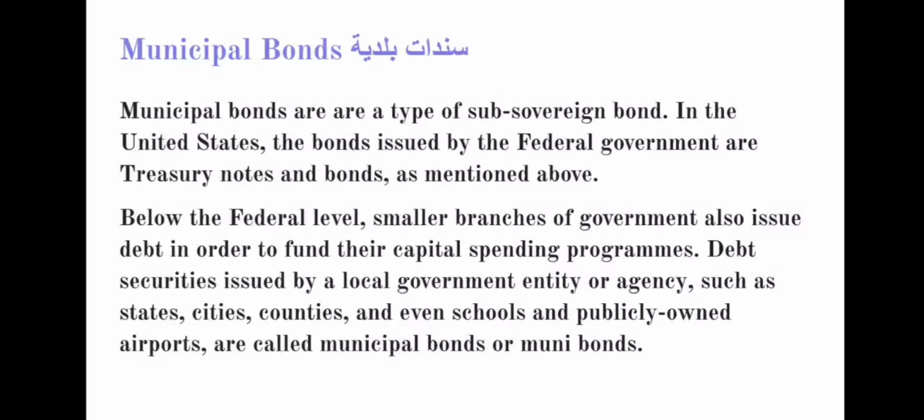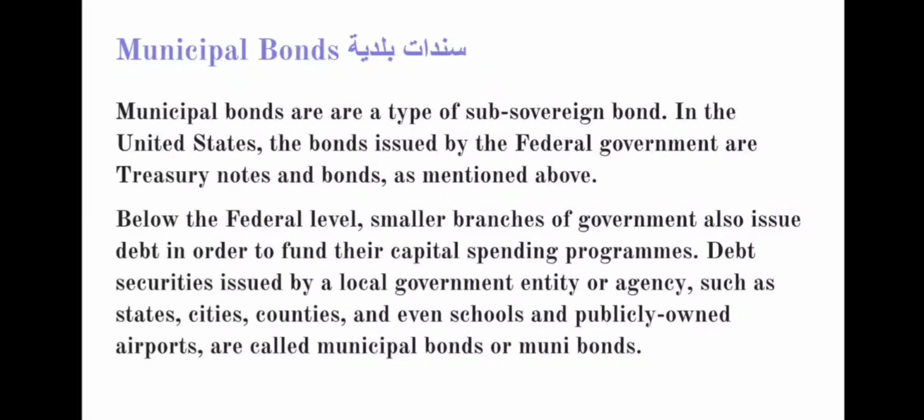And lastly, we have the municipal bonds. The municipal bonds are a type of sub-sovereign bond. In the United States, the bonds issued by the federal government are treasury notes and bonds, as mentioned above.